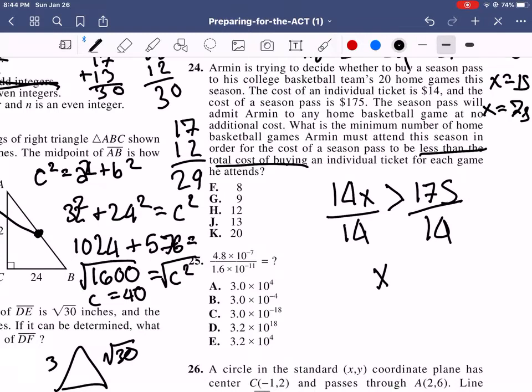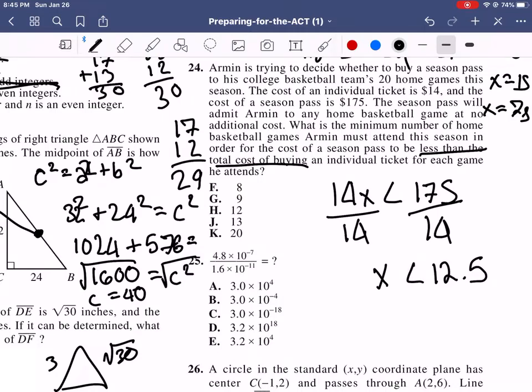Okay, it's 12.5. So x must be greater than 12.5. Oh wait, sorry, wrong way. I'm not very good at this. You're looking for when x is less than 12.5.